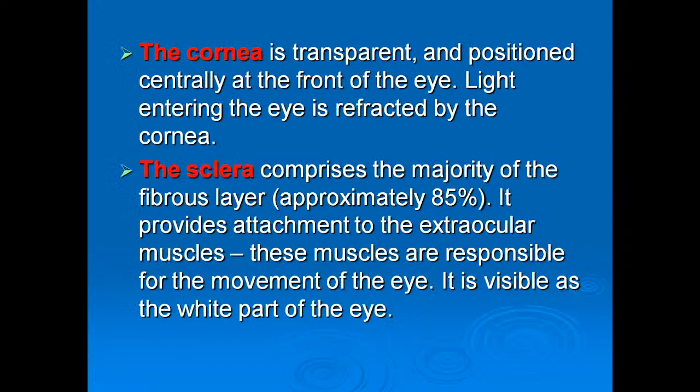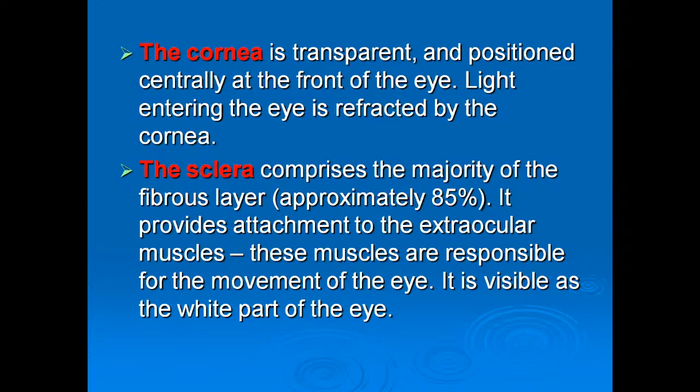The cornea is transparent and positioned centrally at the front of the eye. Light entering the eye is refracted by the cornea. The sclera comprises the majority of the fibrous layer.